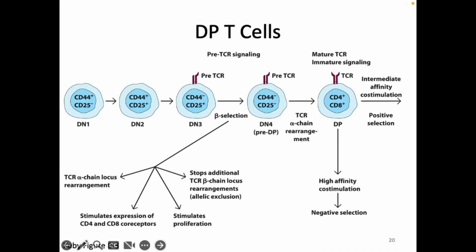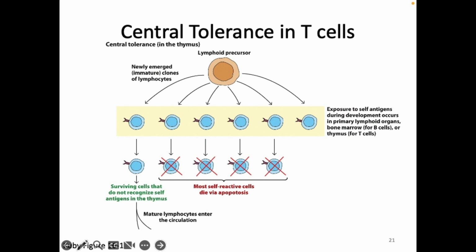So now we have to deal with T cell central tolerance. So now when we are in the double positive stage, these cells we can think of as sort of immature T cells that are getting ready to do central tolerance, where what we want to do is get rid of any T cell that would react to self, so that we don't get autoimmunity.